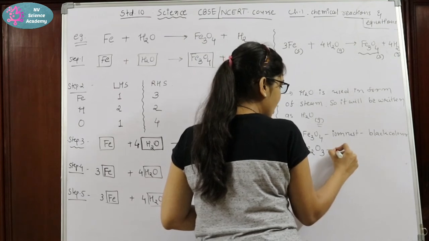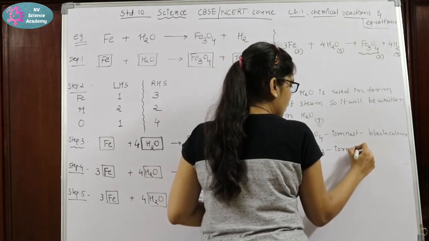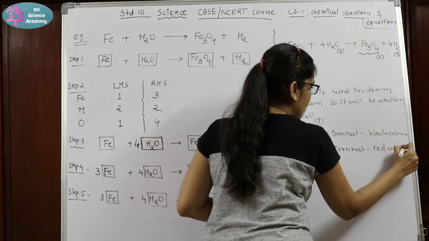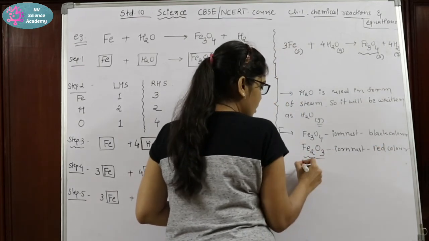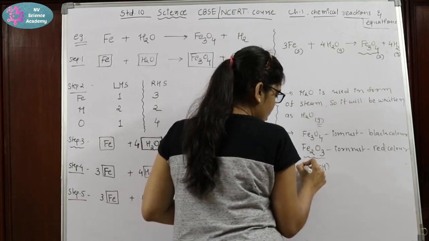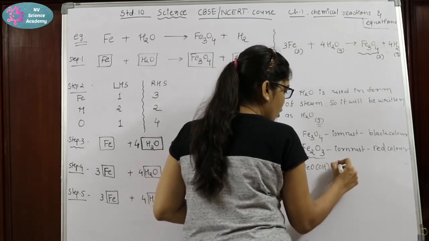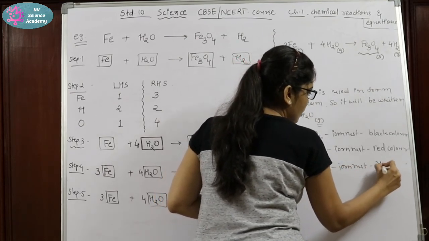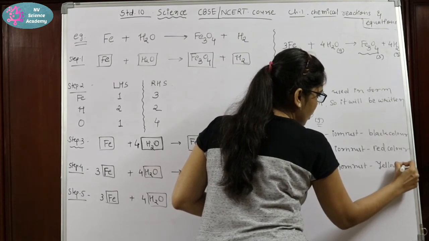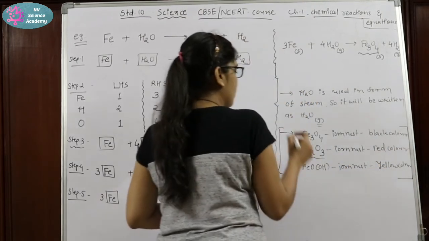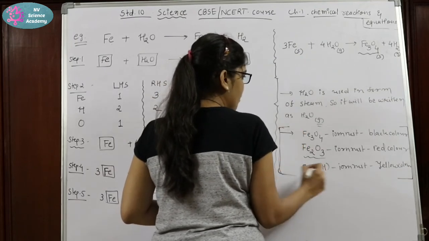This is also iron rust and has red color. And the last one is FeOOH. This is also one type of iron rust and has yellow color. This is just for your general knowledge.